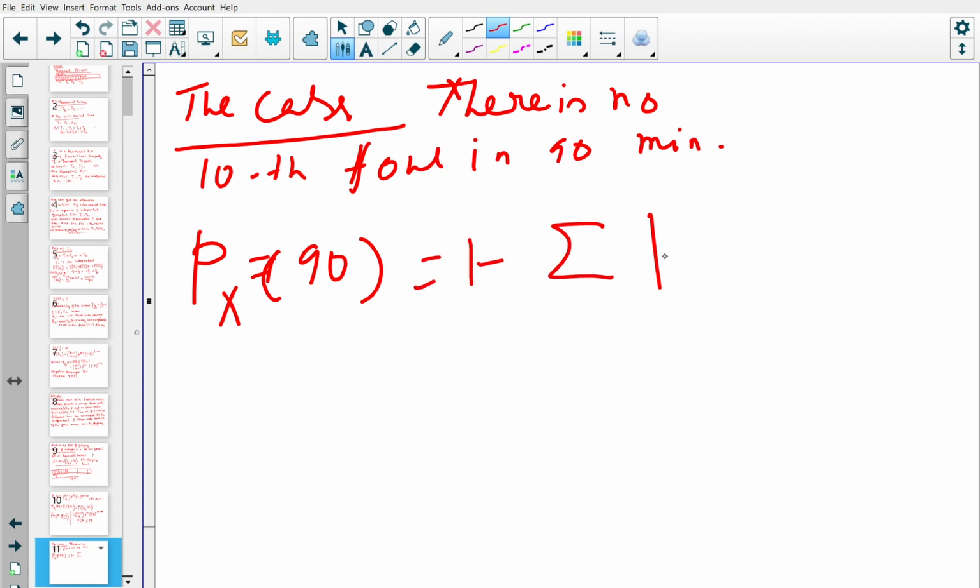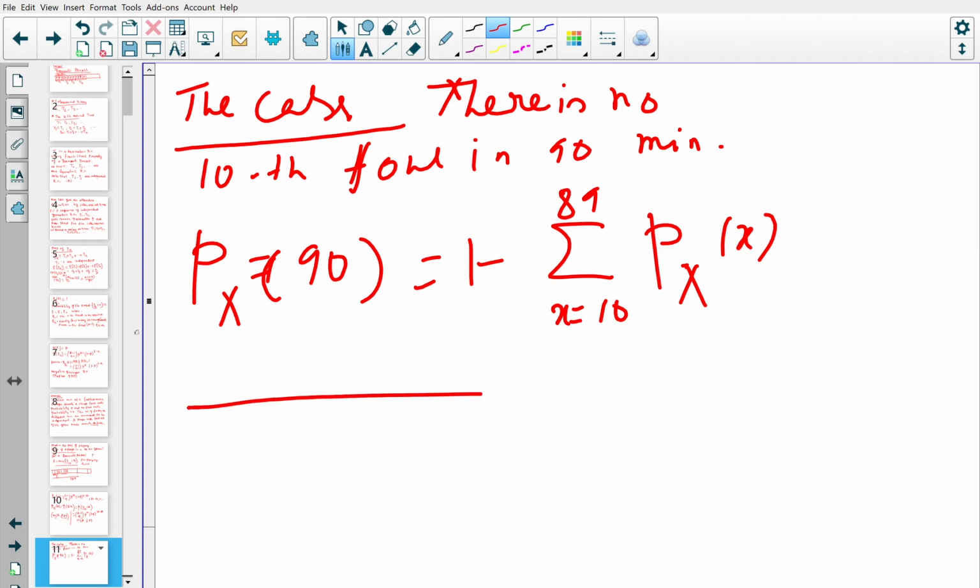Your x will be from 10 to 89, right? So you have this probability distribution, the total probability will be 1, so you sum all those terms and then take the complement.